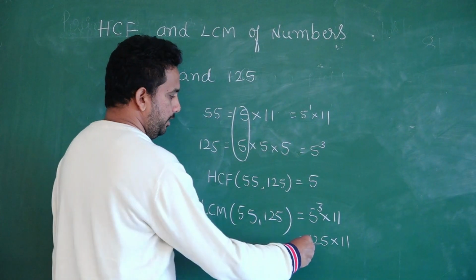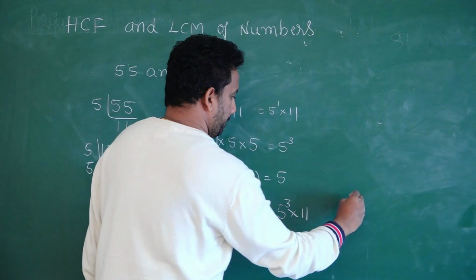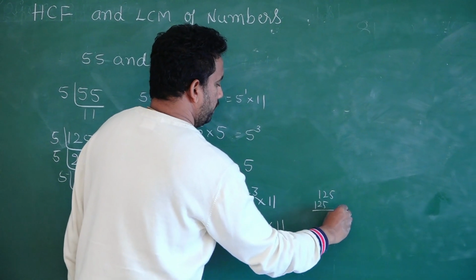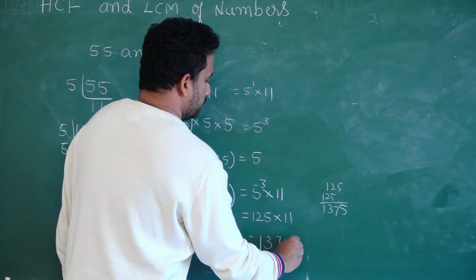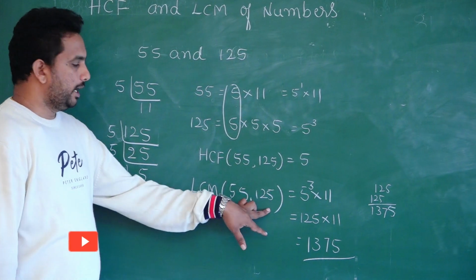When we multiply these, we get 1375. So 1375 is the LCM of 55 and 125.